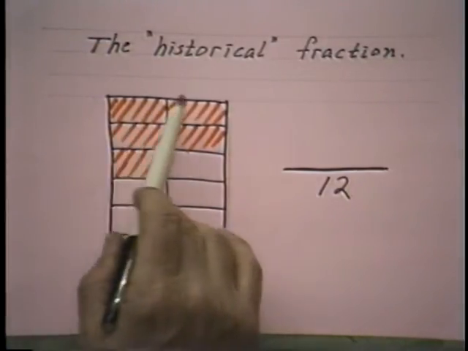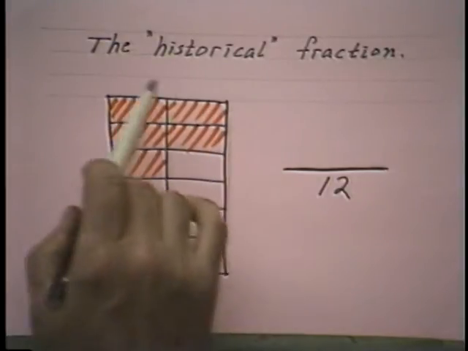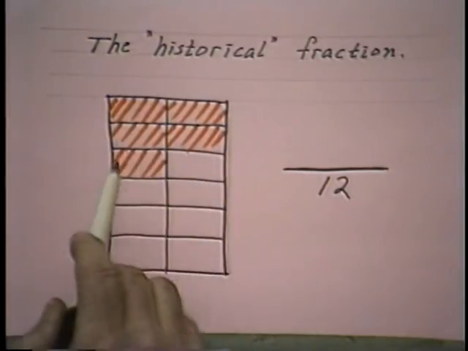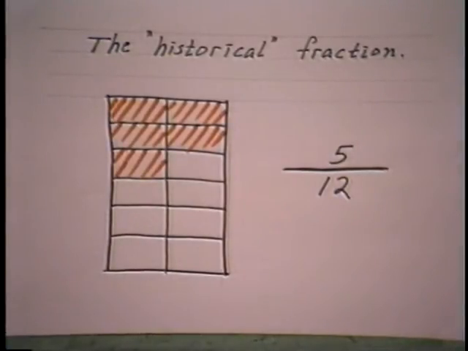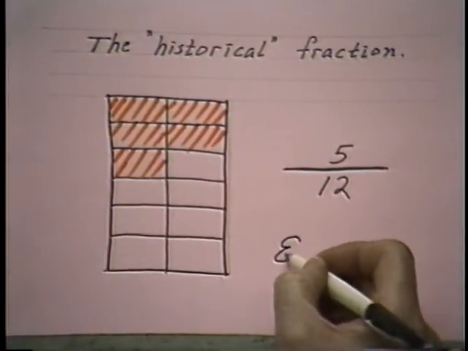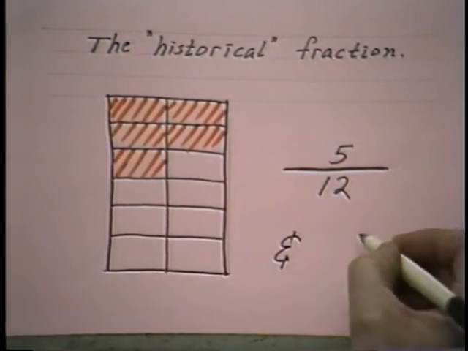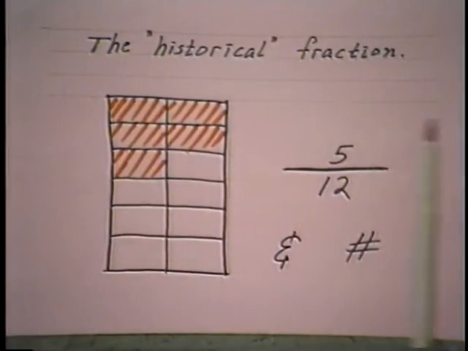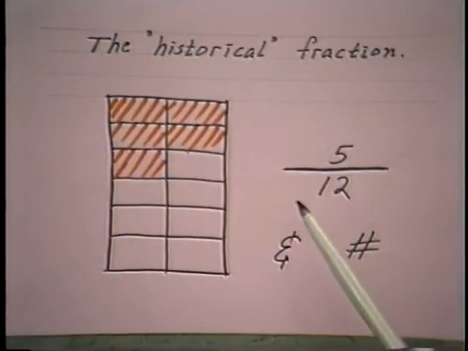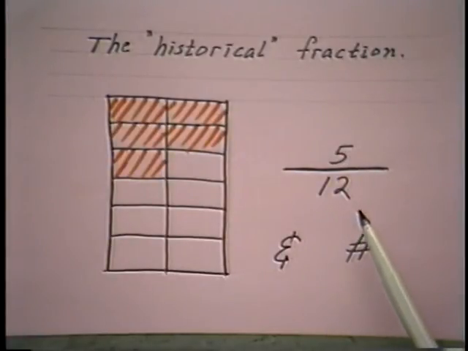Then the number of pieces I'm taking out or working with or whatever I wish to do will be expressed on top. So this is a code, just as this is a code which means and this is a code which means number. A fraction is a code which simply means I have taken 5 out of 12 pieces of my original total.